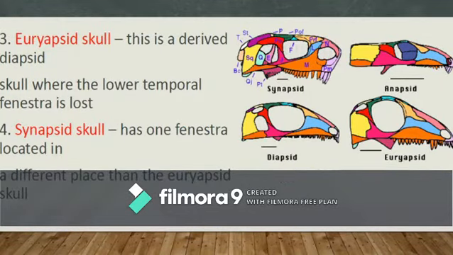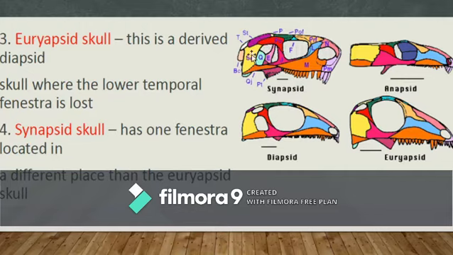Next, the euryapsid skull. This is derived from diapsid, the skull where the lower temporal fenestra is lost. So, if you compare with the diapsid, you have the upper opening and the lower opening. In the euryapsid skull, the lower temporal fenestra is lost. Next, we have the synapsid skull. The synapsid skull has one fenestra located in a different place than the euryapsid skull.